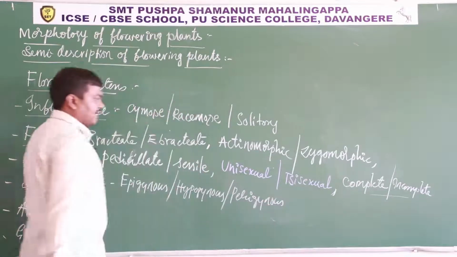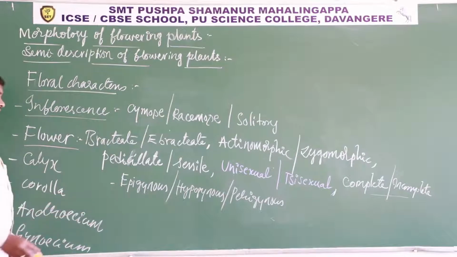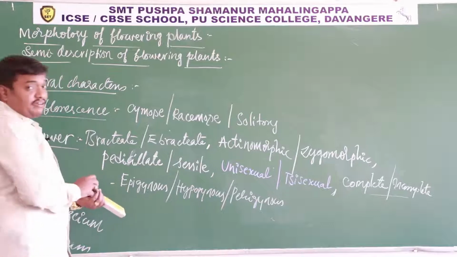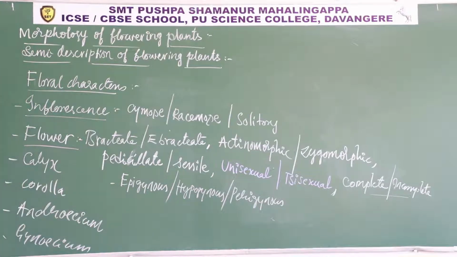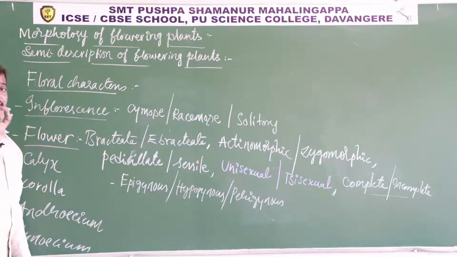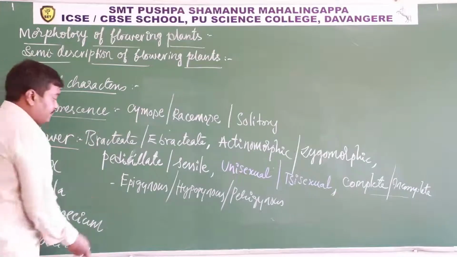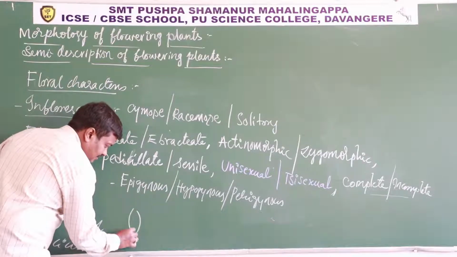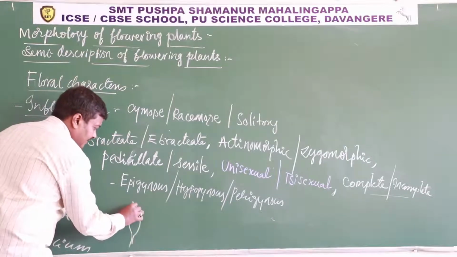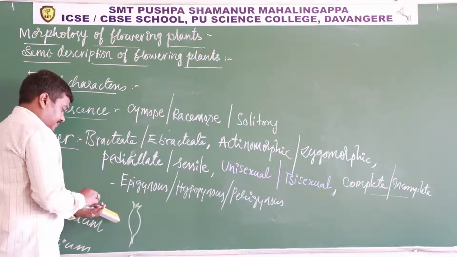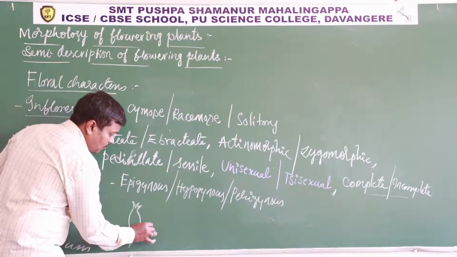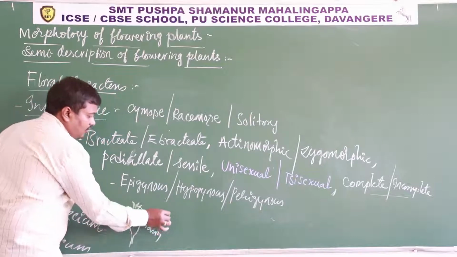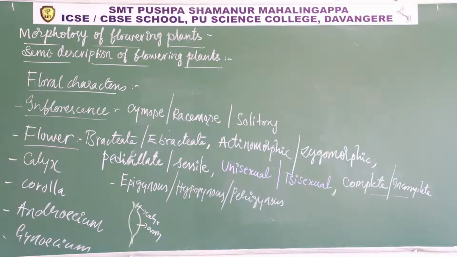You need to write any one of these three conditions. So what is epigynous? Epigynous flower means the position of the ovary is below the calyx, or the calyx and corolla are present above the ovary. Okay, so here the gynoecium is present. Suppose this is the gynoecium. Above this gynoecium the calyx is present. Okay, so this is the ovary, this is the calyx. All floral appendages are present above the ovary.